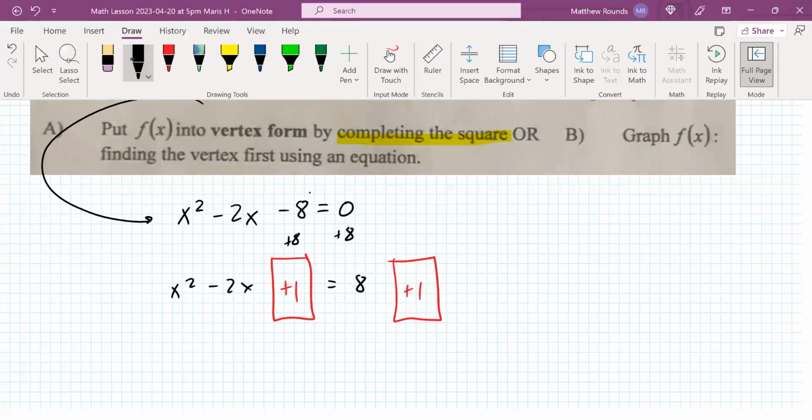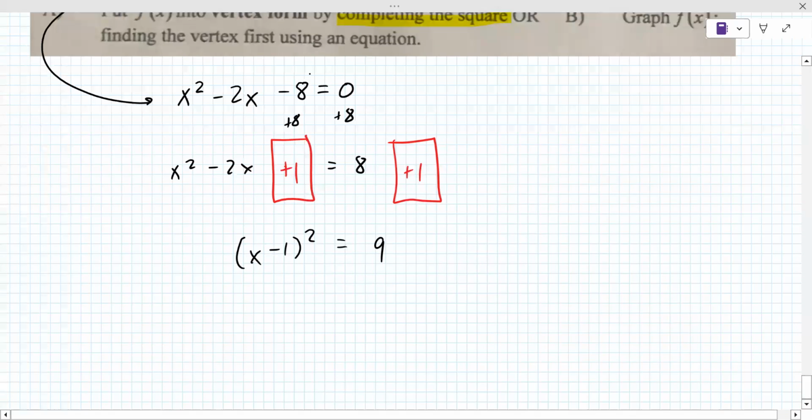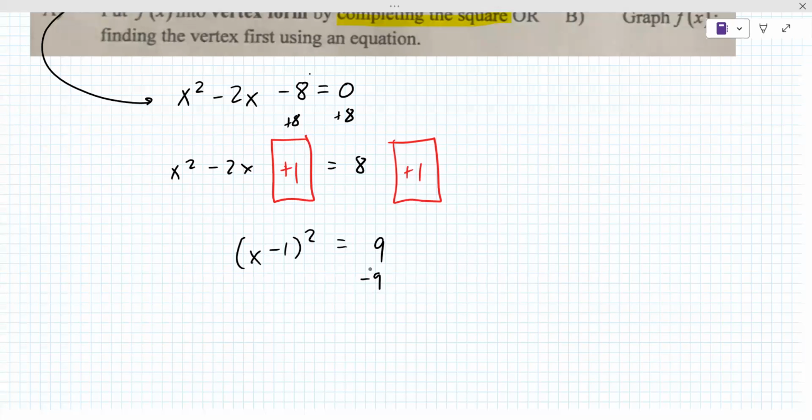So in parentheses, I hope you wrote x minus 1 squared equals 9. And then what's different about this problem is that you subtract 9 from both sides. So you bring it back here, x minus 1 squared minus 9. That's your function.